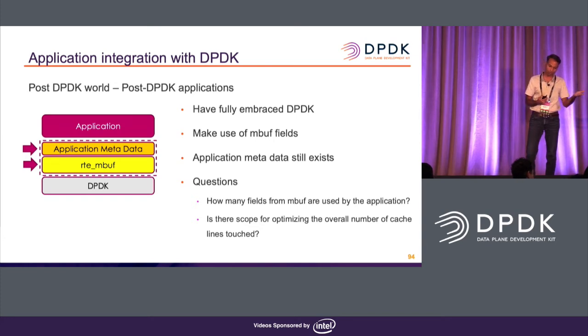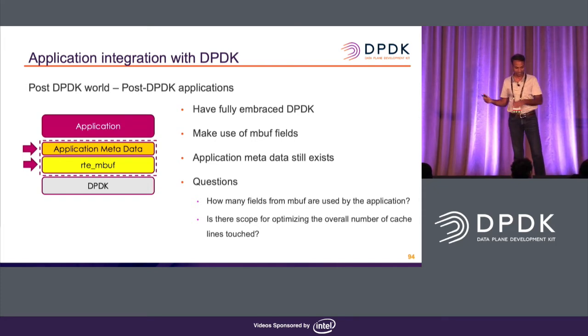Right? Now, coming to the applications themselves. The post-DPDK era: what happened to the applications that were written post-DPDK? They have fully embraced DPDK. We love these applications. They are DPDK through and through.